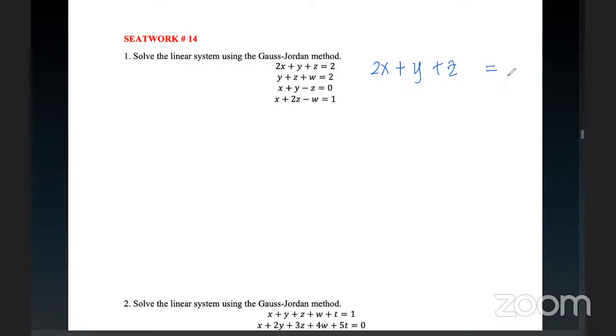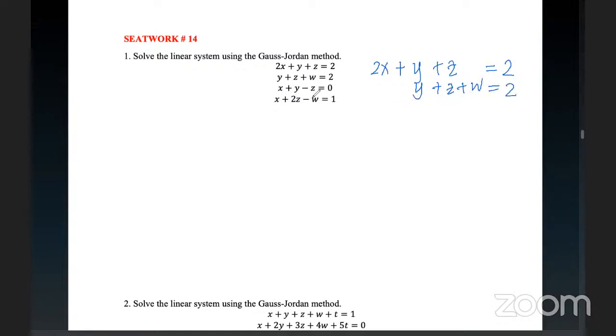And then, sa right side, you have 2. And then for the second equation, since wala kang x, so may space ka dito, plus. And pwedeng wag nalagyan ng plus. Basically, y plus z plus w equal to 2.